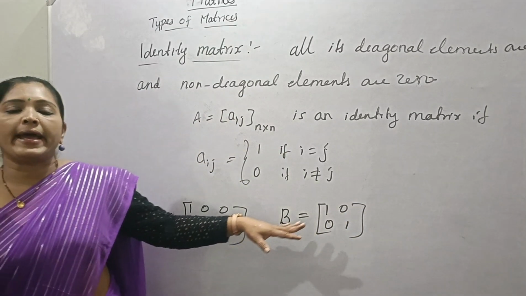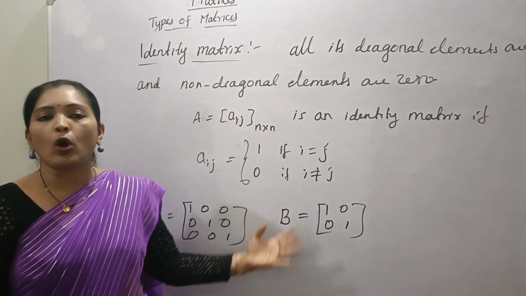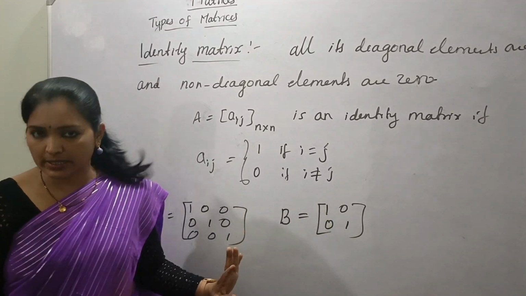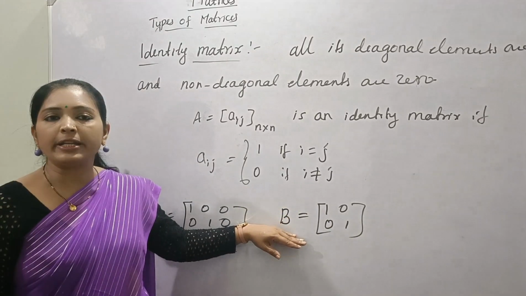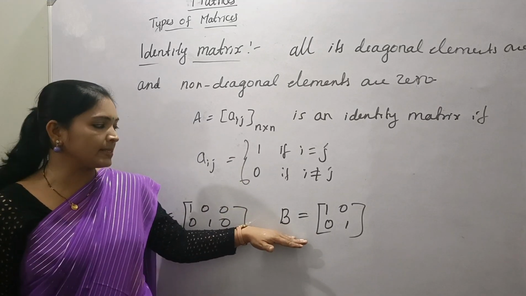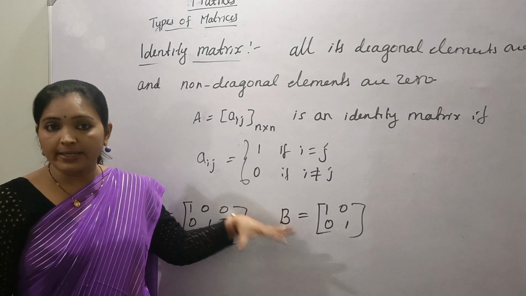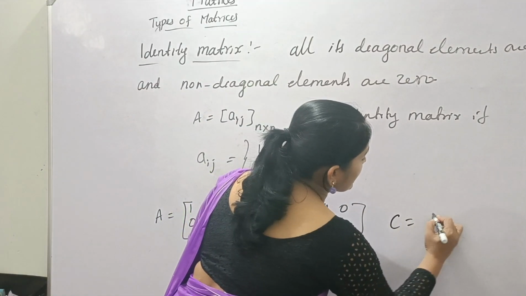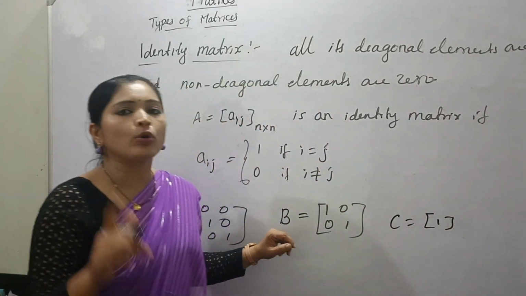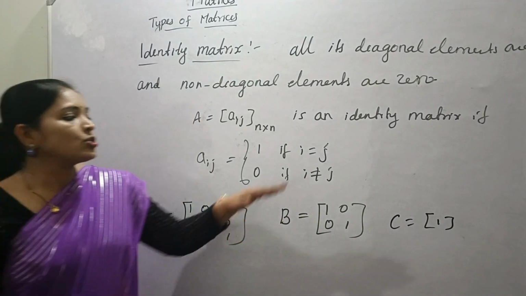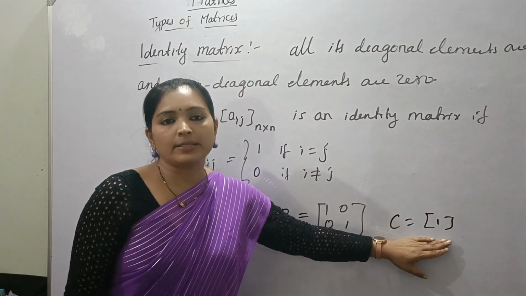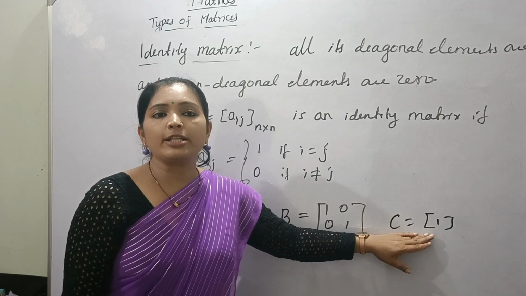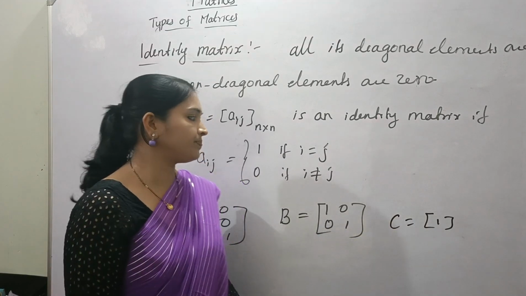Here also main diagonal elements are 1 and the remaining elements are 0, so the matrix B is an identity matrix of order 2. And C is equal to the matrix 1. There is only one element, that is 1, so this matrix is an identity matrix of order 1.